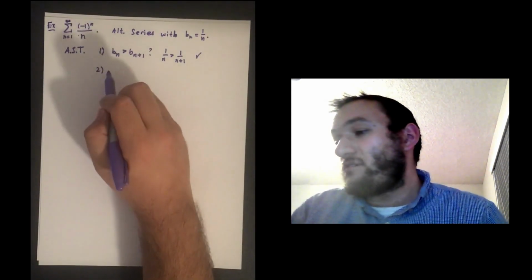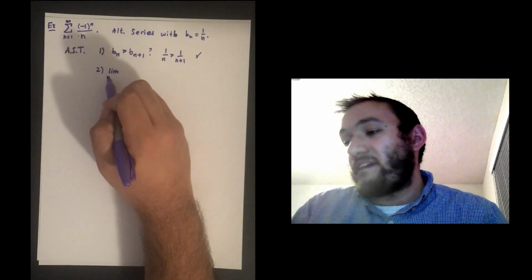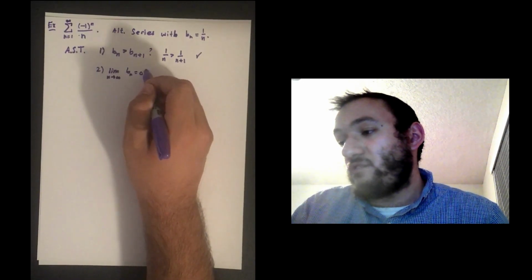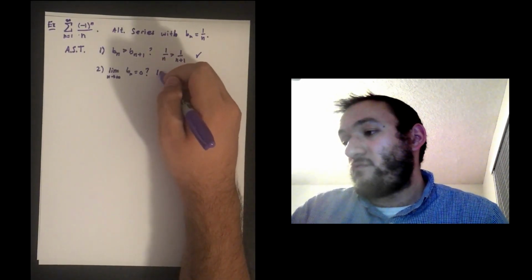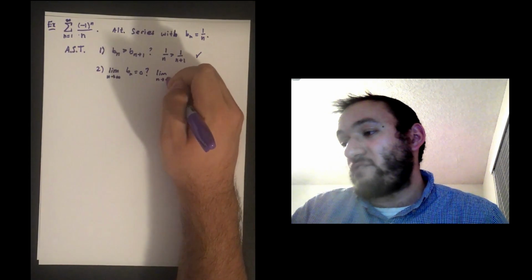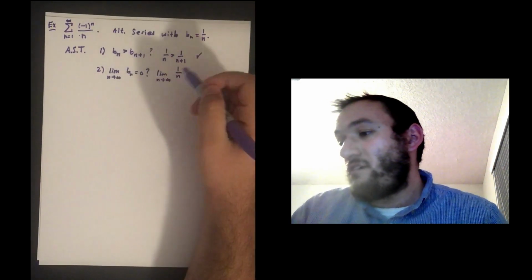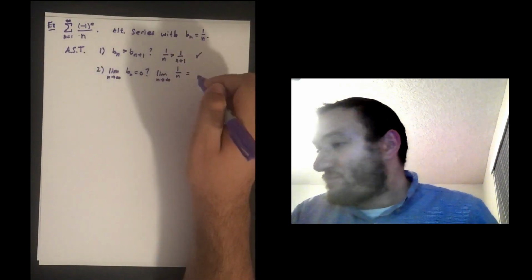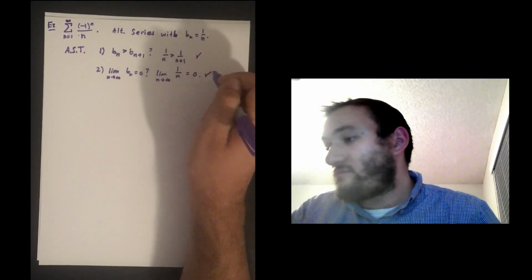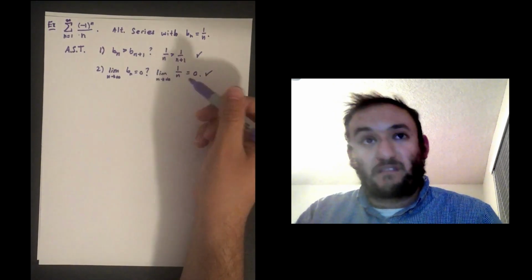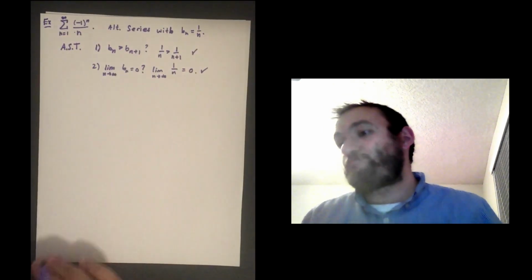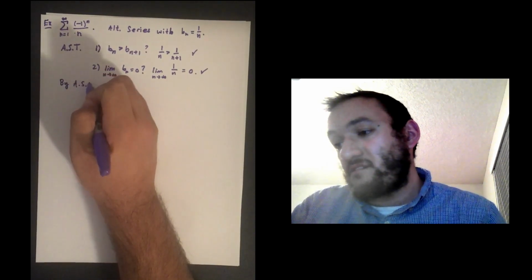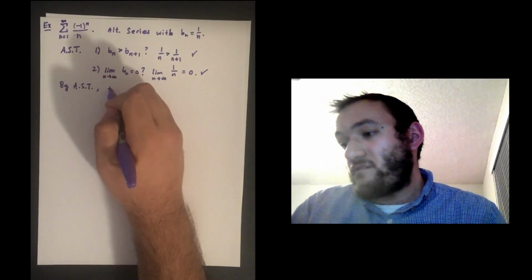How about limit as n approaches infinity of Bn equals 0? Well, if we take the limit as n goes to infinity of 1 over n, this sequence certainly converges to 0, right? Because as n gets really big, this fraction gets really small, approaching 0. So, by the alternating series test, the series converges.